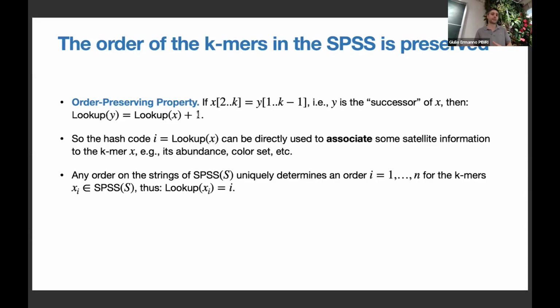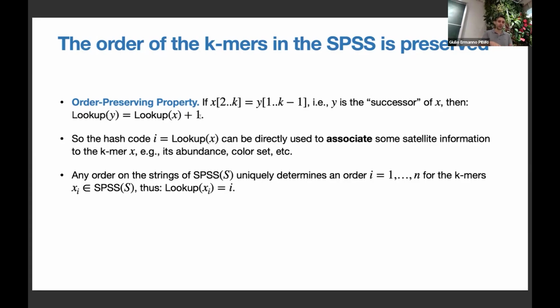So all its abundance counts, color sets, all the satellite data that we may want to store will be almost the same, if not exactly the same. And so this order-preserving property given by lookup has this nice effect of giving us some clustering of the satellite data.